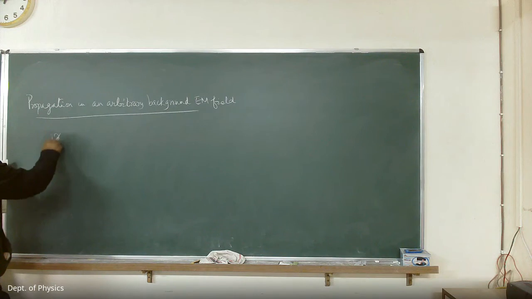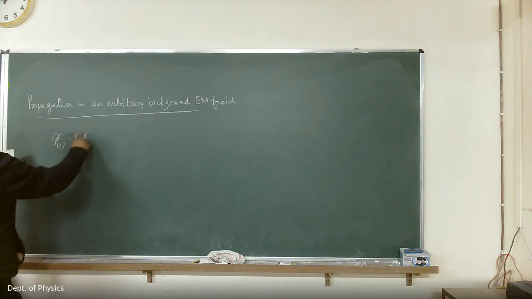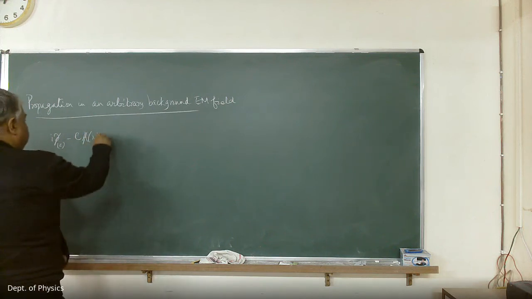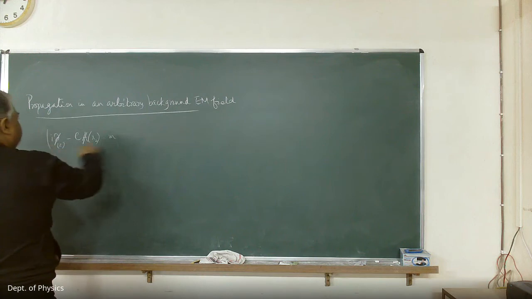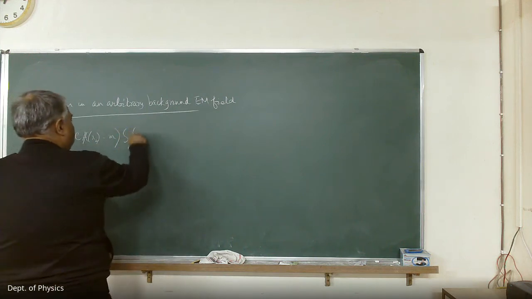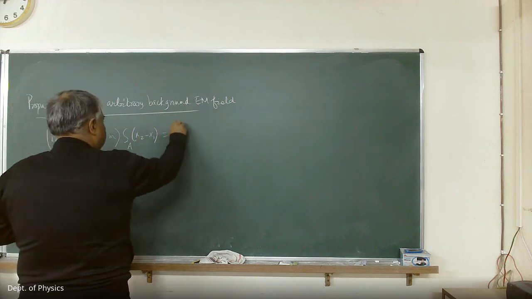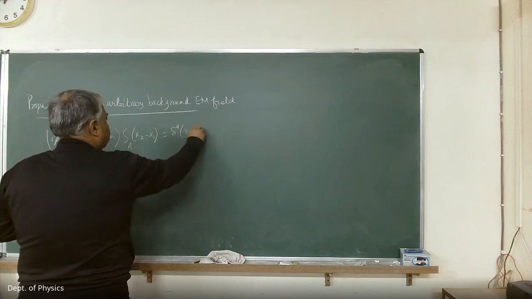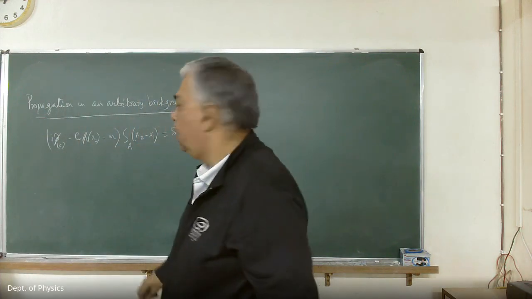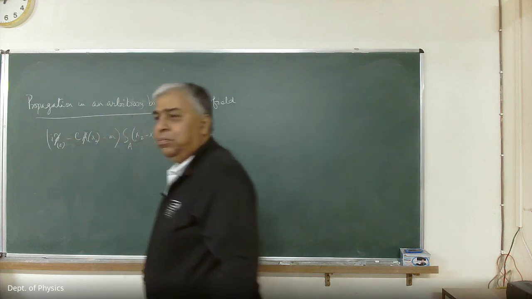I del slash minus eA slash minus m, x2 minus x1, this will be my exact Green's function of this operator.